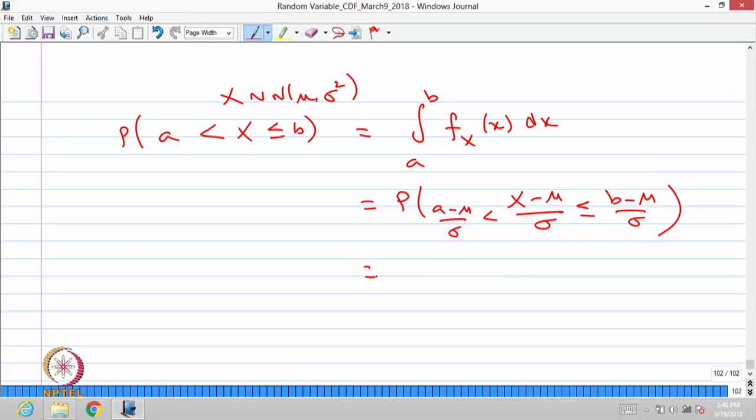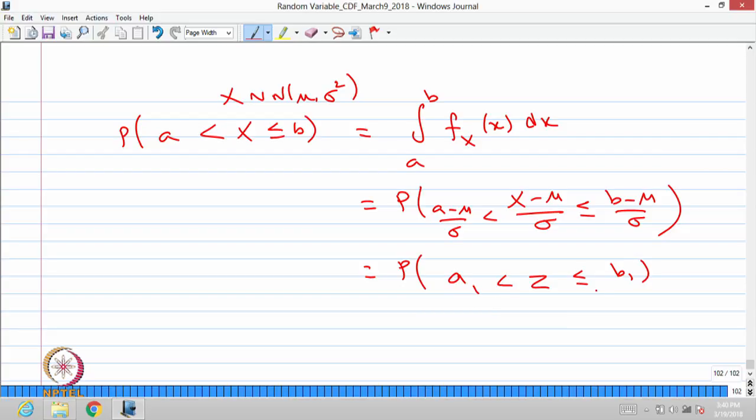This is the same as the probability that z, which is (x minus mu) divided by sigma, lies between them. For known mu and sigma, the whole thing is known, so let me write (b minus mu) divided by sigma as b1, and (a minus mu) divided by sigma as a1.